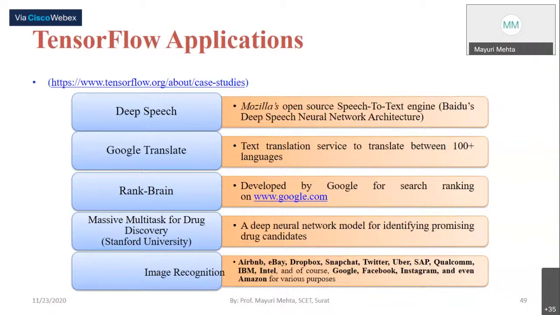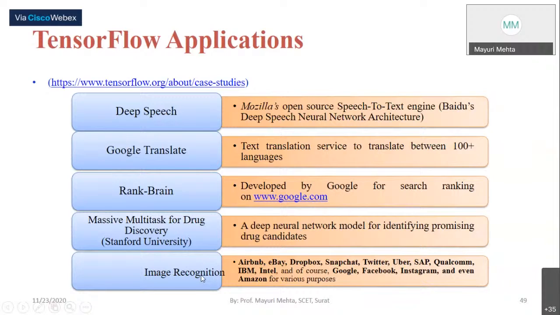So drug discovery using machine learning is very popular today. For this Stanford University project, they have developed a deep neural network model using TensorFlow to identify promising drug candidates.